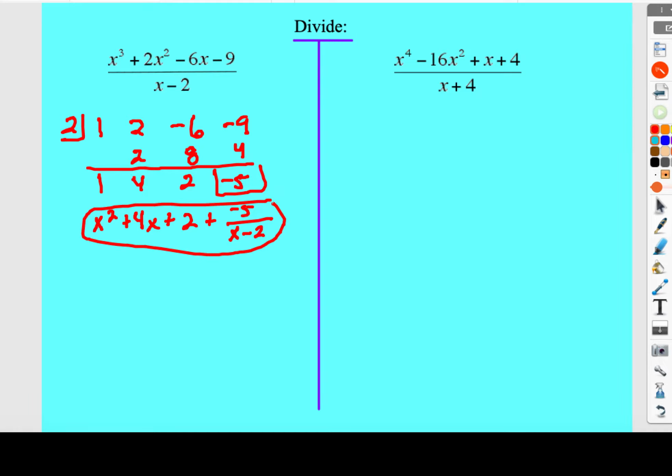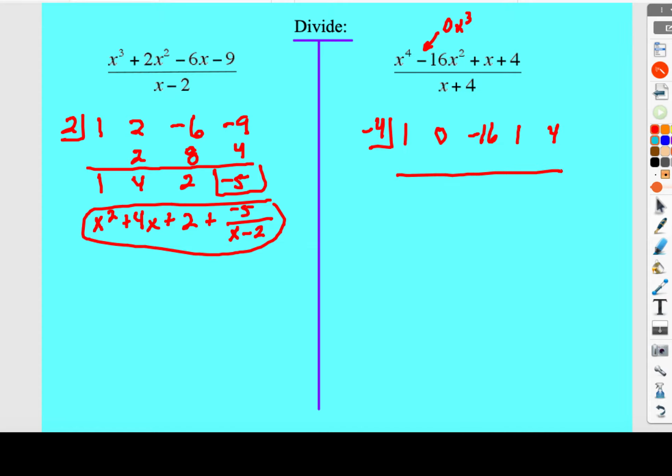And so let's move on to the one over here at the right. We've got a -4 that's going to go in the box because, again, that would make that divisor into 0. 1x to the fourth. Now you'll notice there's 0x cubed, so I'm going to go ahead and put a 0 in here because there was no x cubed term up top. But then I've got -16x squared, 1x, and a 4 for the constant.